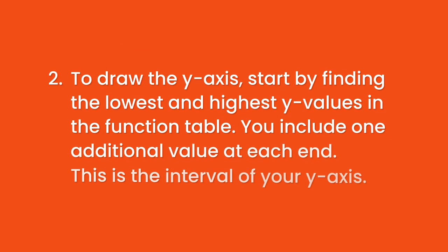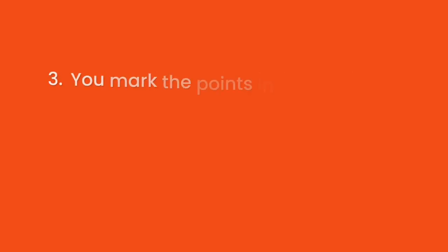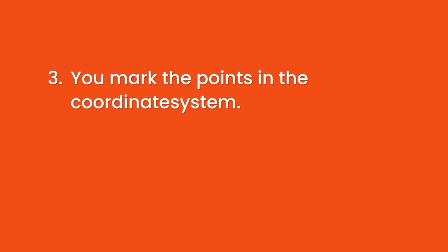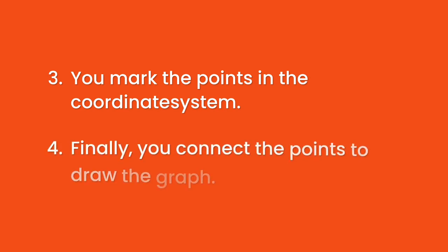To draw the y-axis, start by finding the lowest and highest y values in the function table. Then include one additional value at each end. This is the interval of your y-axis. 3. You mark the points in the coordinate system. 4. Finally, you connect the points to draw the graph.